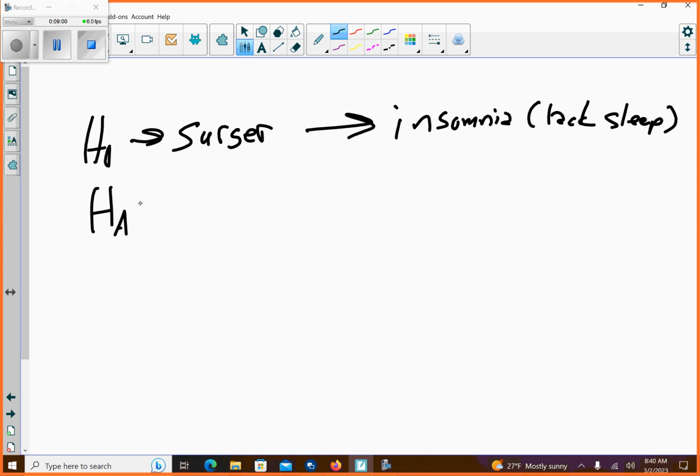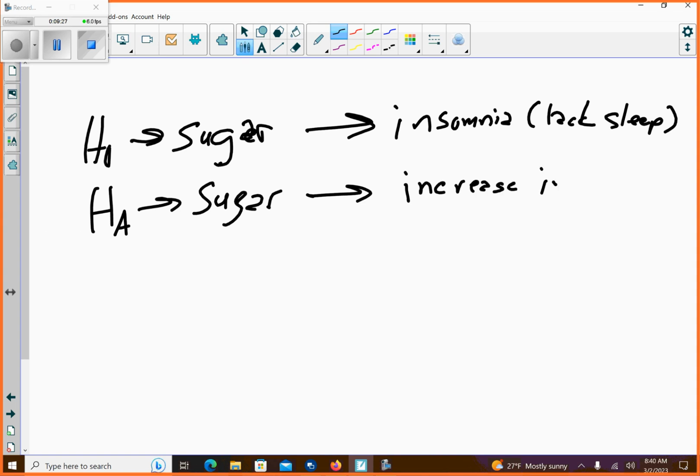Our alternative is that sugar increases insomnia.